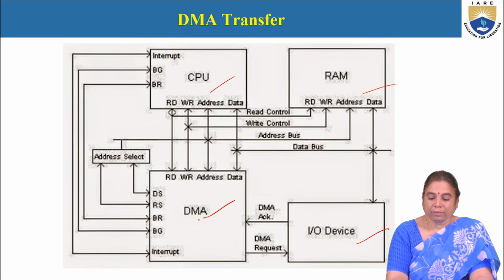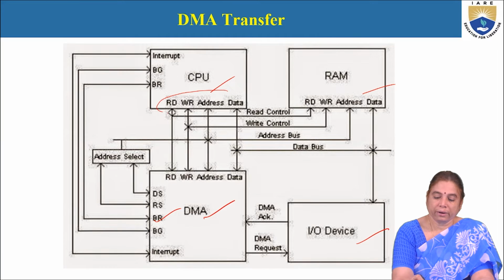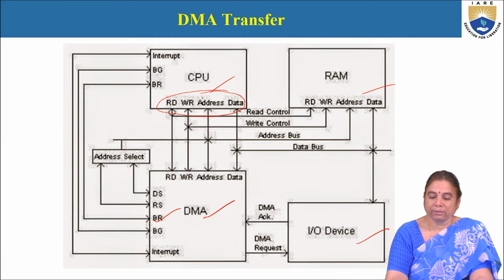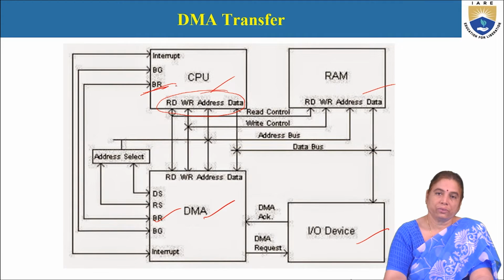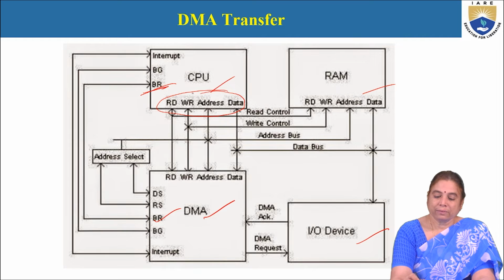As soon as the DMA requires the CPU's attention, it places the bus request signal, the BR signal, so that the CPU keeps the read, write, address, and data lines in a high impedance state as soon as it receives the bus request. It places these in the high impedance state and issues the bus grant signal.